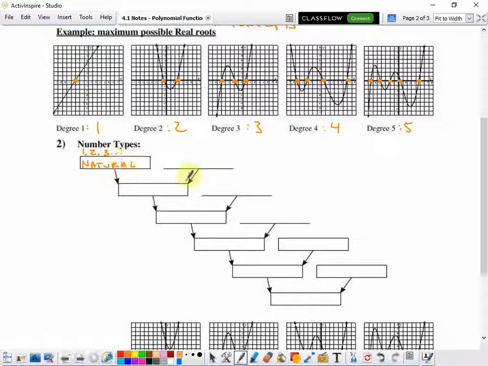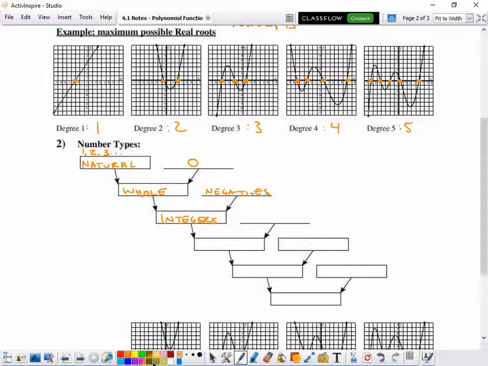If we add to those natural numbers the number 0, now we've got the whole numbers. So it's 1, 2, 3, and so on, including 0. Then if we throw in negative numbers, so we've got 0, 1, 2, 3, and so on, and then also -1, -2, -3, those are called the integers.